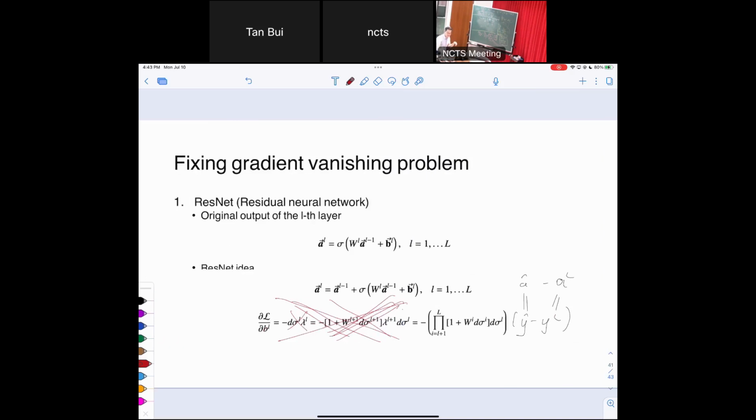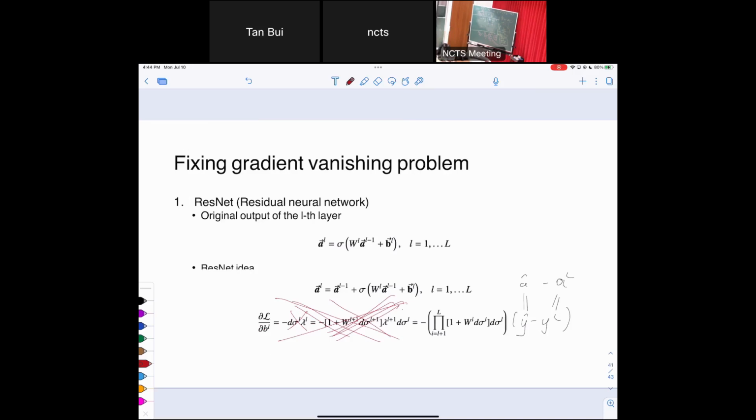We no longer have the problem because remember that previously, d sigma is less than 0.25, right? And then you multiply them together. If W is approximately 1, this is going to approximate 1.25. So everything is now approximately 1.